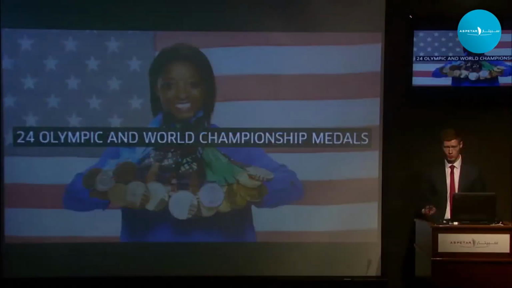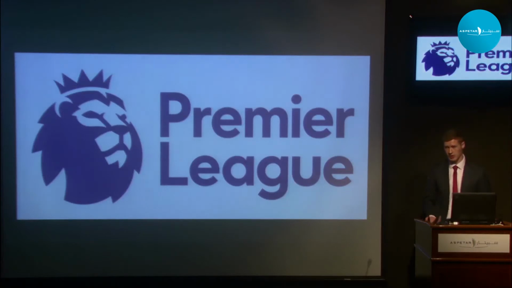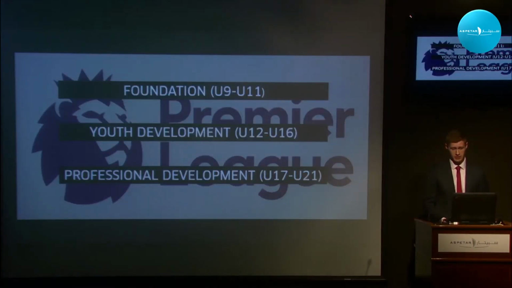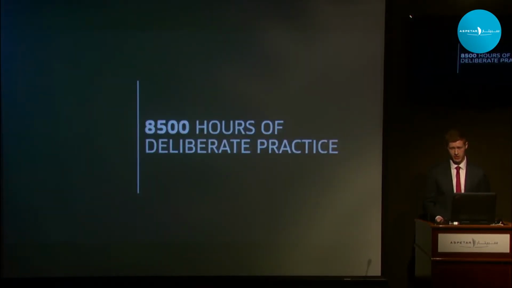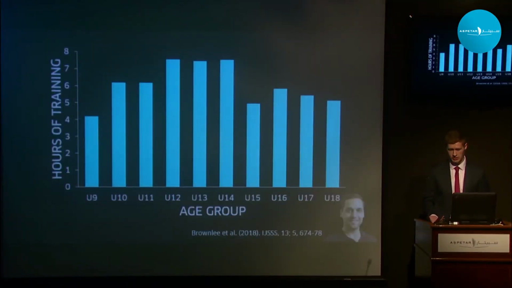But of course, this is just one-off incidents, so does it extend across the board, that systematic training at a young age? Well, if we think about the professionalisation of academies in England, right from foundation, under 9s to under 21s, coaches and practitioners are instructed to chase 8,500 hours of deliberate practice. And in the real world, at Manchester United, for instance, children as young as 8 are undergoing systematic training as much as 4 hours per week.